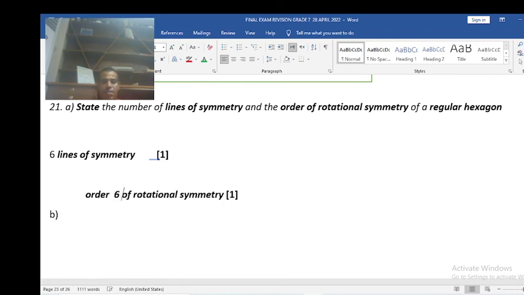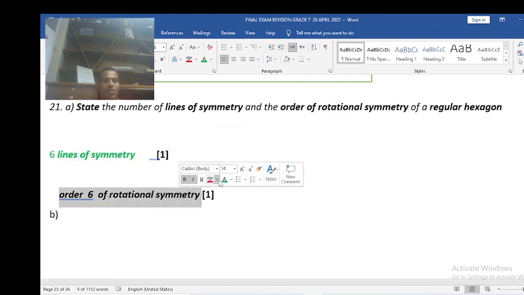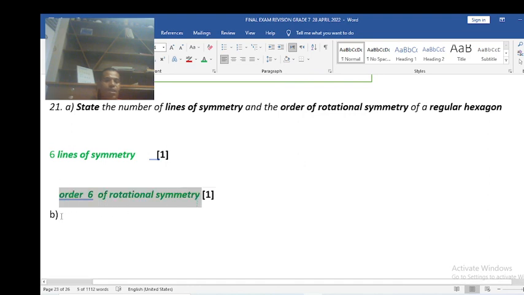Clear? These are the answers, learners. If it is a regular pentagon, it's 5. If it is an equilateral triangle, it's 3. If it is a heptagon, it's 7, and so on. Now we'll move to the next part, maybe the last question.